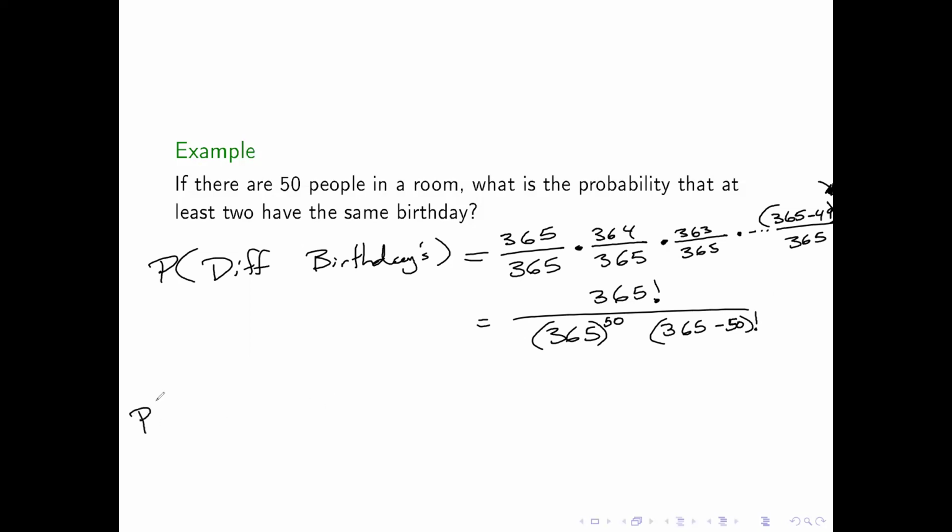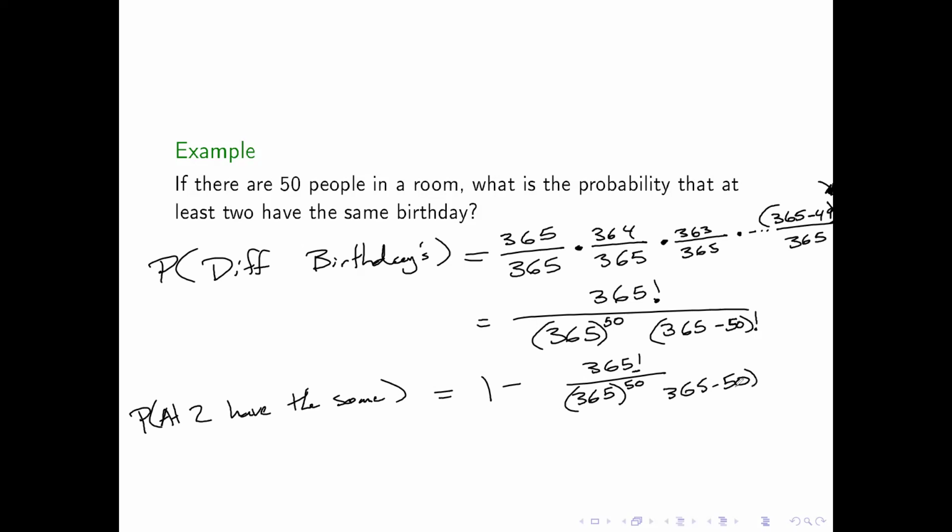So what's the probability that at least two have the same birthday? It turns out that's 1 minus this number, 365 factorial over 365 to the 50th power times 365 minus 50 factorial.